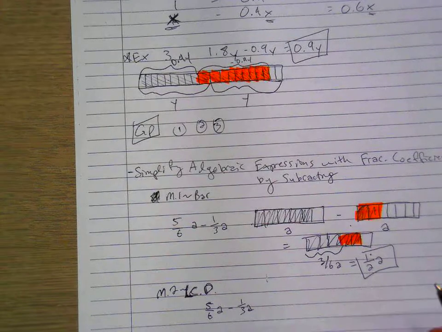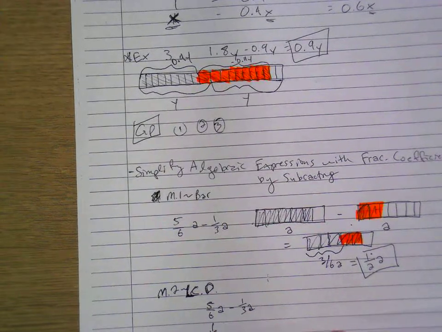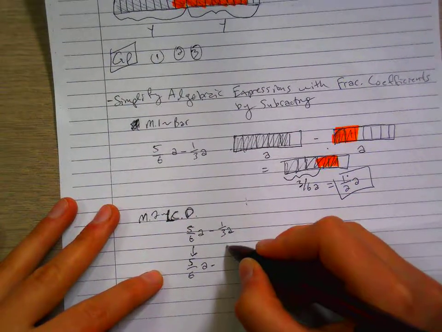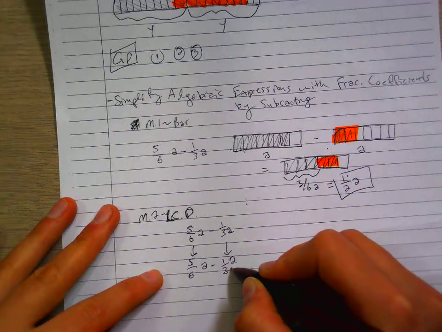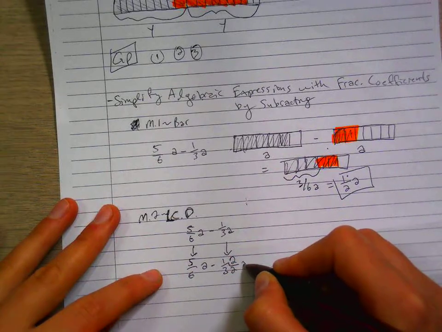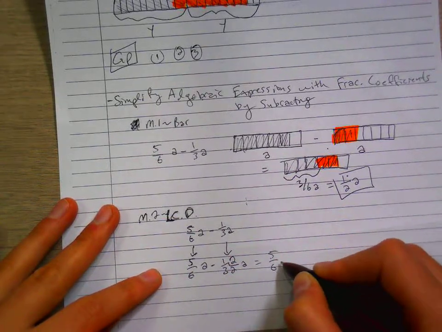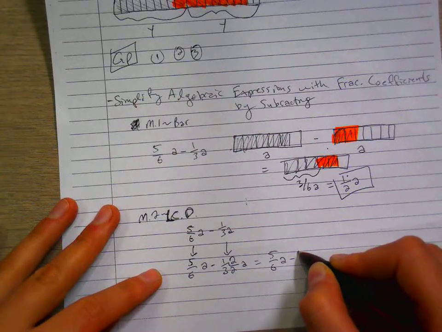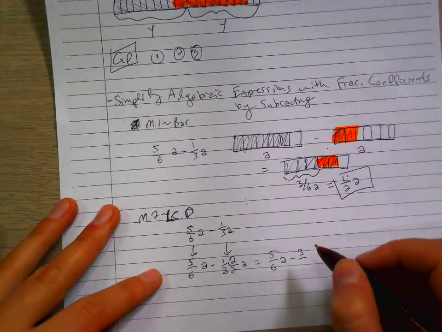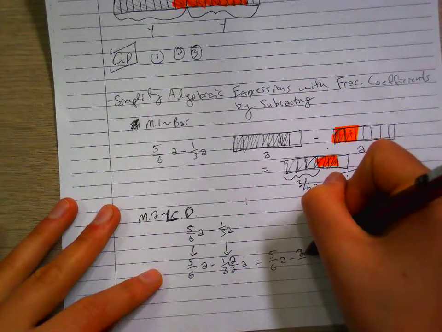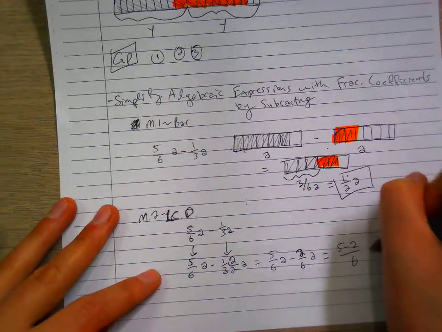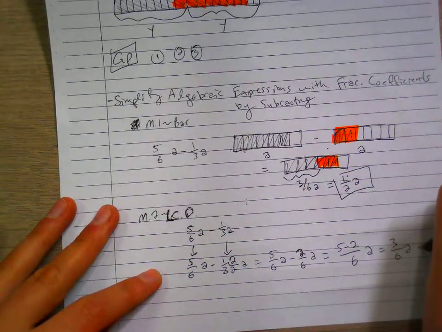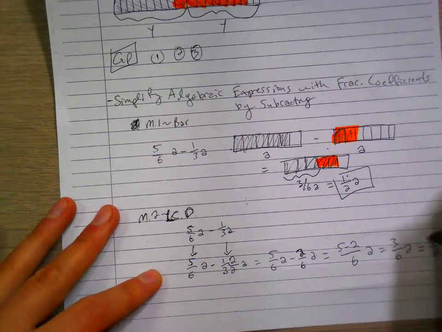So this can stay as 5/6 A. And this one will transfer down as 1/3 times 2 over 2. We multiply both by 2, and that gives us 5/6 A minus 2/6 A equals 5 minus 2 over 6 A equals 3/6 A equals 1/2 A. And that is our answer.